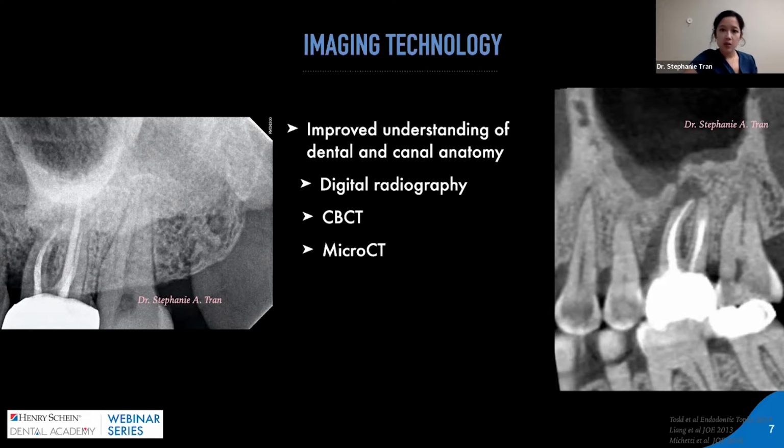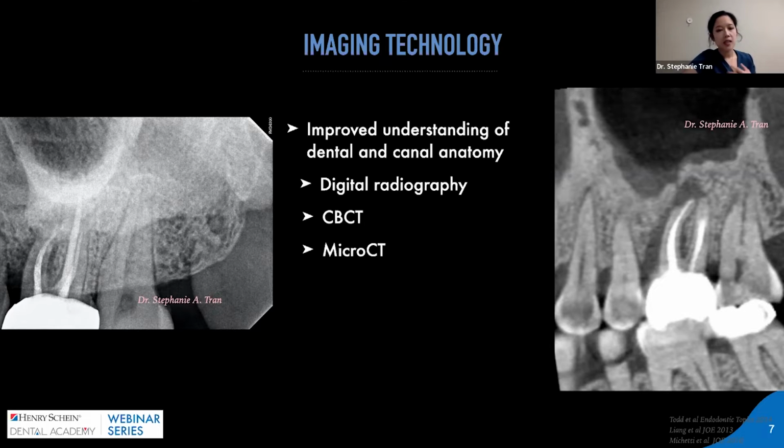So why do we take all these images? We definitely use both digital radiography and often CTs, and it helps us understand both the dental and canal anatomy for endodontics. I do put in the topic of micro CTs in there. I'm not going to be discussing them in full in this lecture, but I just want people to be aware of the concept of micro CTs because a lot of literature, especially endodontic literature, does discuss them.